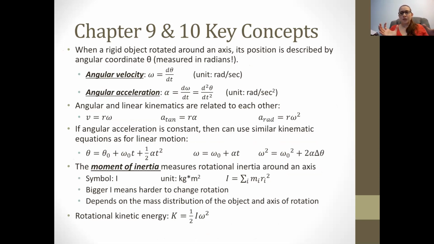So if we have a rigid object, so not one that will stretch or deform, anything like that. When a rigid object is rotated around an axis, we can describe its angular coordinate as theta. And when we're dealing with angular concepts, we're going to be using radians now as opposed to degrees.